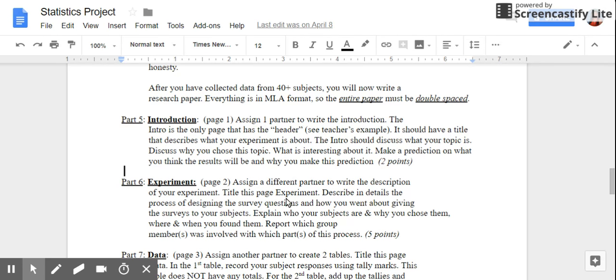Another person could be typing the experiment. Basically, the experiment section explains exactly what the team did step by step. So basically, how did you come up with this experiment? What did you survey? How did you come up with the questions? How did you write up the questions and cut up the strips? Where did you find your participants?